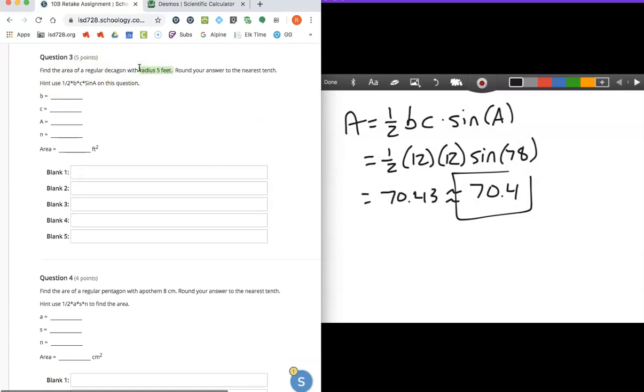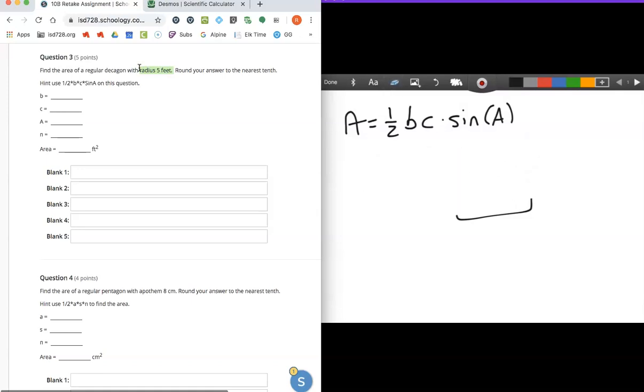All right, this one says, find the area of a regular decagon with radius 5 feet. So I'm going to use the same formula for part of it. Remember that for the area of a regular polygon, it's 1/2 ASN. But if they give you a radius, so here's my decagon. Okay, I know it's not really going to have 10 sides, but that's okay.